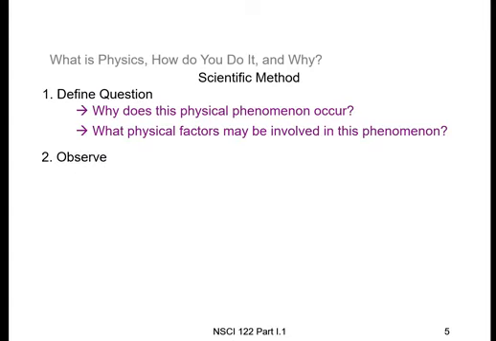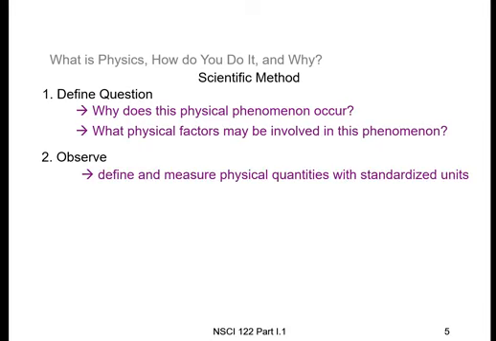Now, when we do the observations, what we're going to do in a meaningful way is define what we call physical quantities. And we want to measure these quantities using different measuring instruments, and we want to make sure that we have standardized units.